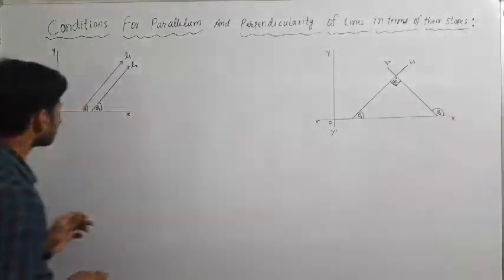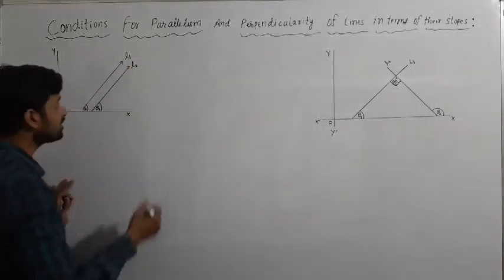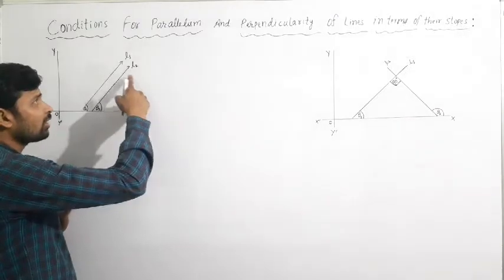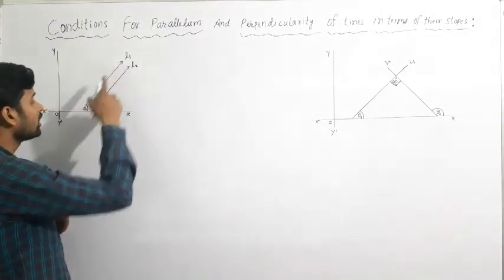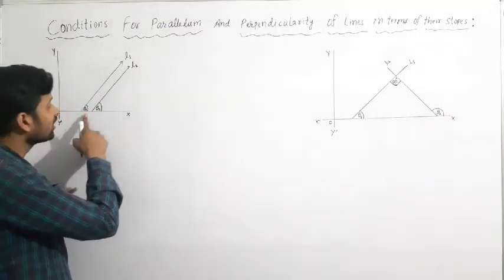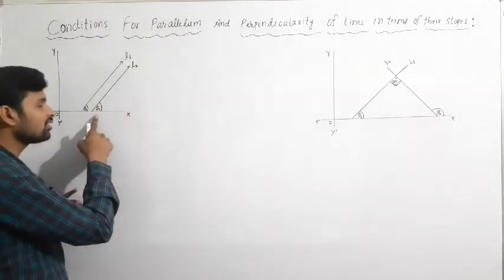So let's start now understanding the concept of parallelism of two straight lines. First of all, suppose, dear students, we have two lines L1 and L2, L1 having inclination theta 1 and L2 having inclination theta 2.